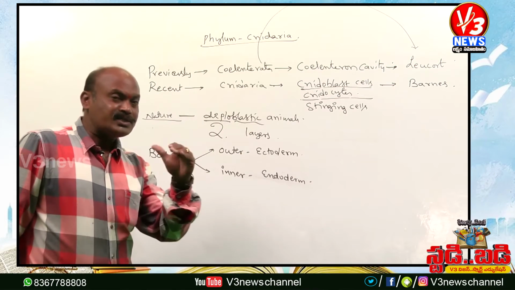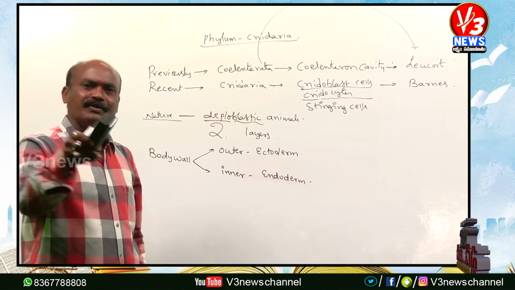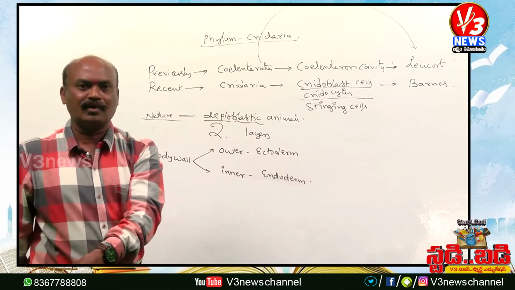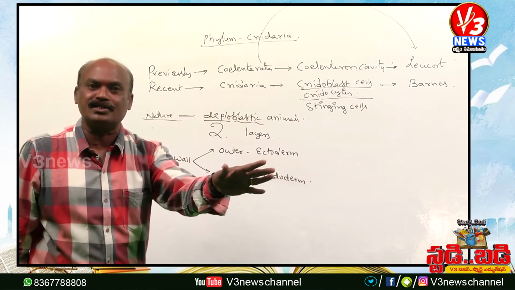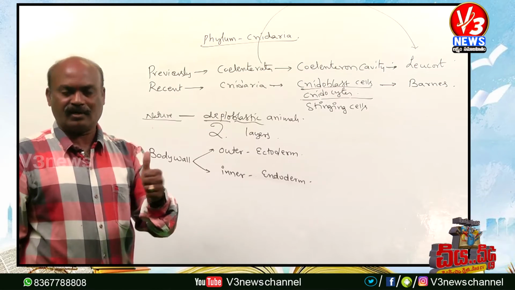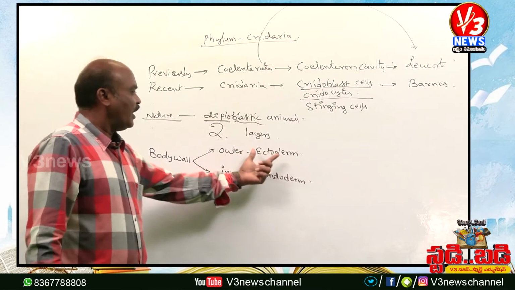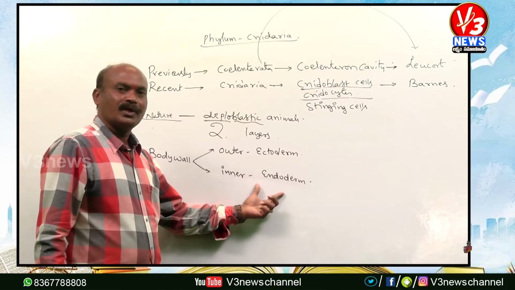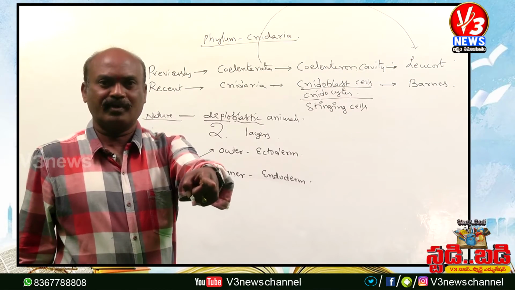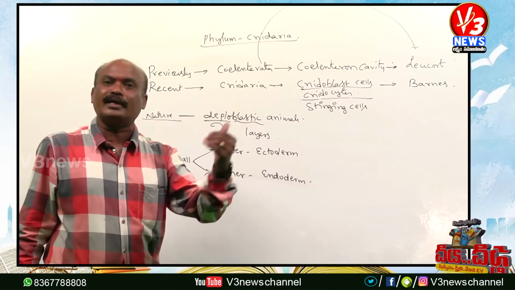Yesterday we discussed the sponge's body wall, where the outer layer is pinacoderm and the inner is choanoderm. But they are not diploblastic animals. These are the true diploblastic animals. What is the reason? I will give clarification. These two layers, outer ectoderm and inner endoderm, are derived during embryonic development.